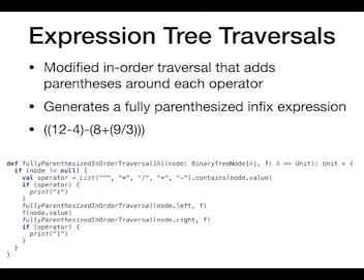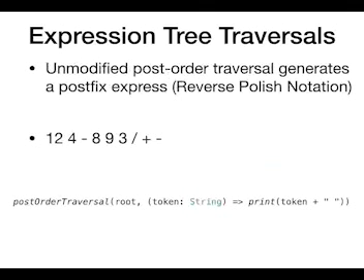If we call a post-order traversal, we'll get the postfix expression from this expression tree. So the expression tree stores all the information of an expression, and depending on which traversal we use to visit each node in this expression, we'll get different representations for it.